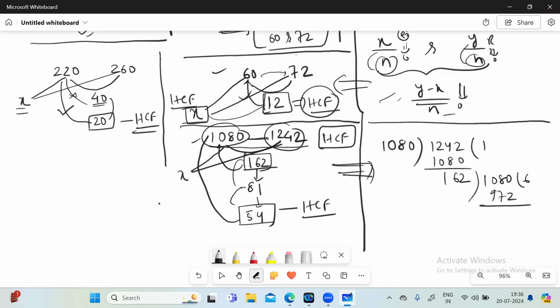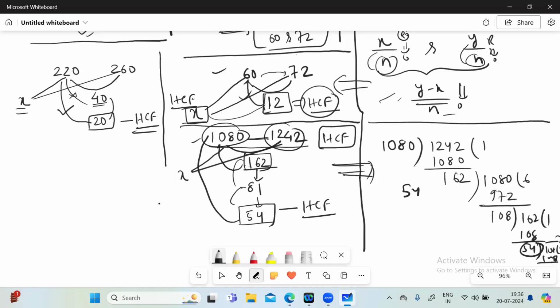What I'll get here is 108. Then I'll divide 162 by 108. I'll not get the HCF in this. Then 54 divides 108 and this will be your HCF.